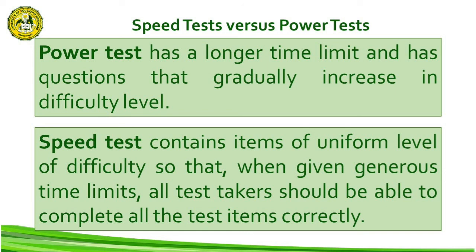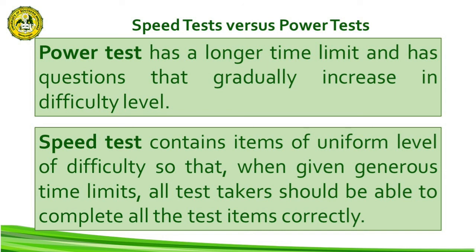So score differences on a speed test is therefore based on performance speed because items attempted tend to be correct. So sa speed test versus power test naman, yung characteristic ng power test is although limited siya, longer yung time limit na binibigay sa subjects, para ma-attempt nila na ma-answer ang lahat ng items.